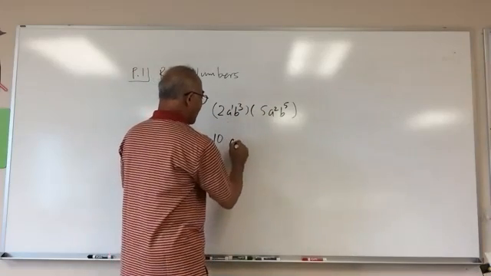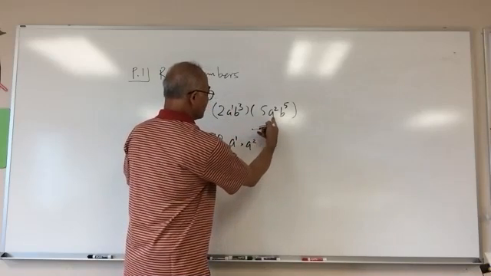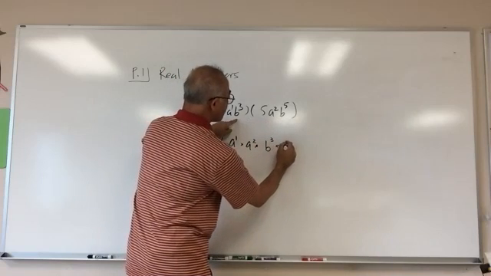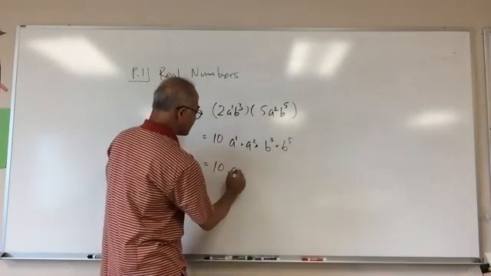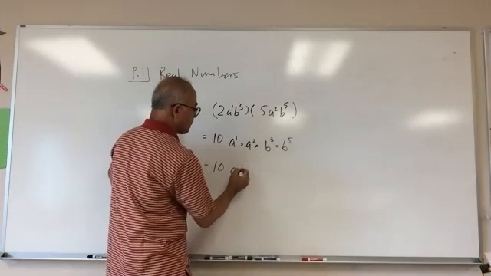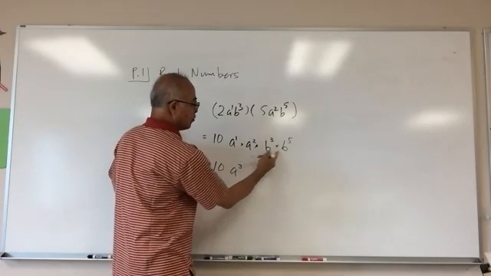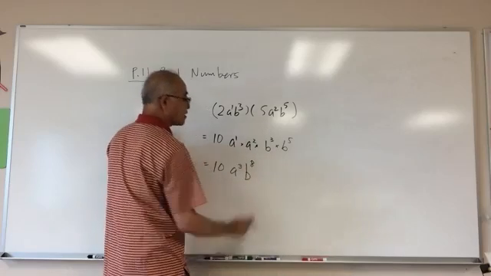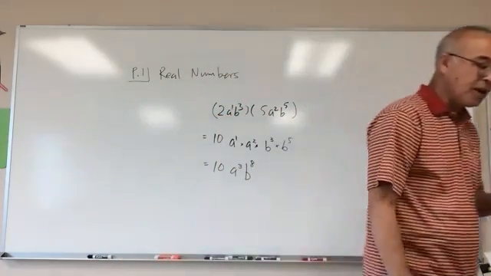And I have A to the first times A squared, then I have B cubed times B to the 5th. I have 10. So how many A's do I have together if I do this operation? What do I get, Olivia? A to the third, right? 1 plus 2 is 3. What do I get here? B to the 8th. B to the 8th, that's correct. Are we good here? Any questions? Thank you, Olivia.